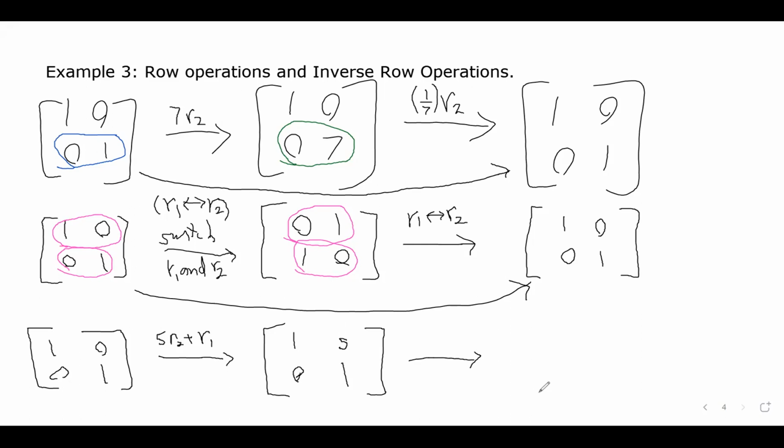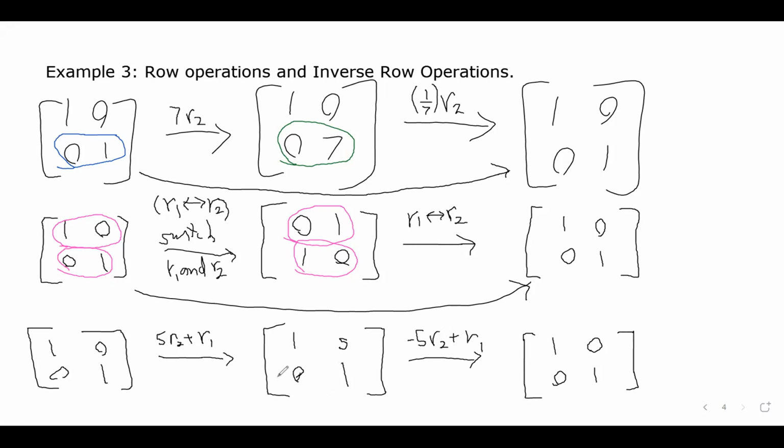And so now the inverse operation of that, to get back to where you started, to this one. You ask yourself, what is the inverse operation of that? Well, if I gave row 1 5 times R2, then the reverse effect would be removing 5 row 2s from R1. So the opposite of 5R2 plus R1 is negative 5R2 plus R1.